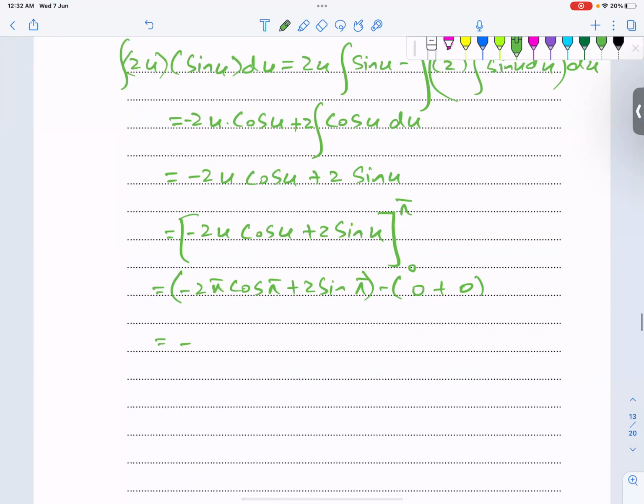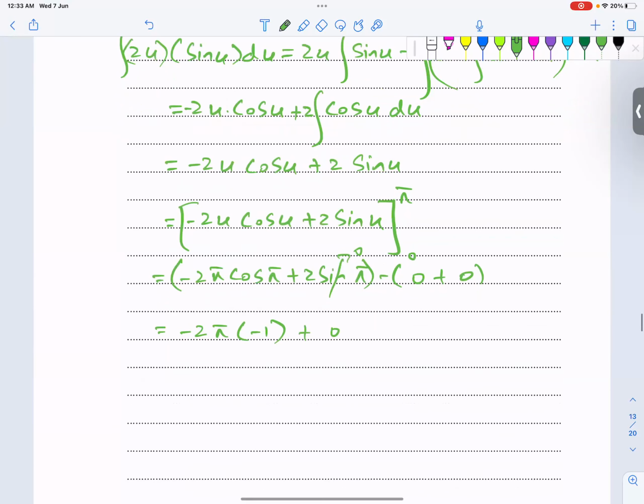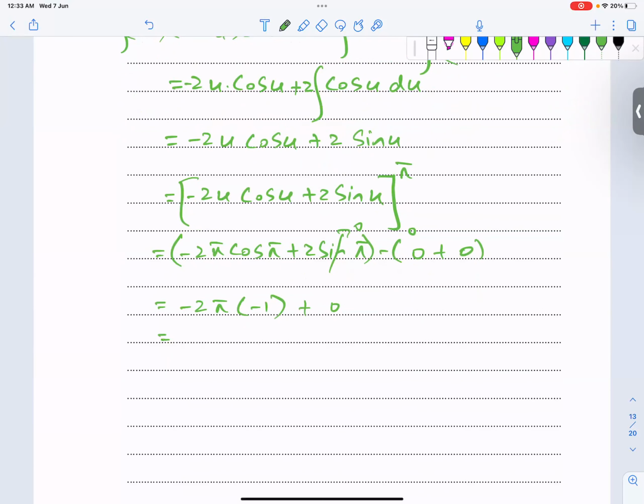Now this will be minus 2 pi cos pi, where cos pi is minus 1, and sine pi is 0. So net result will be 2 pi. Okay, area will be equal to 2 pi.